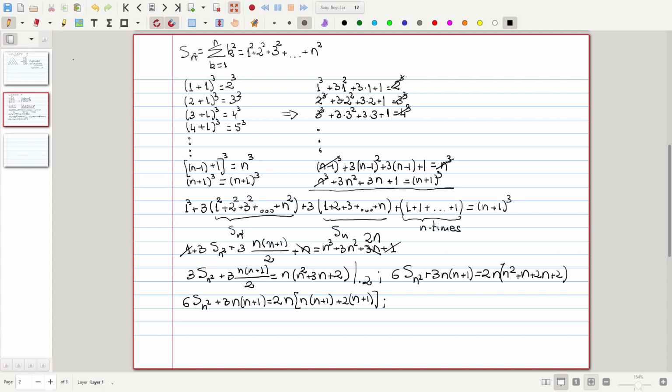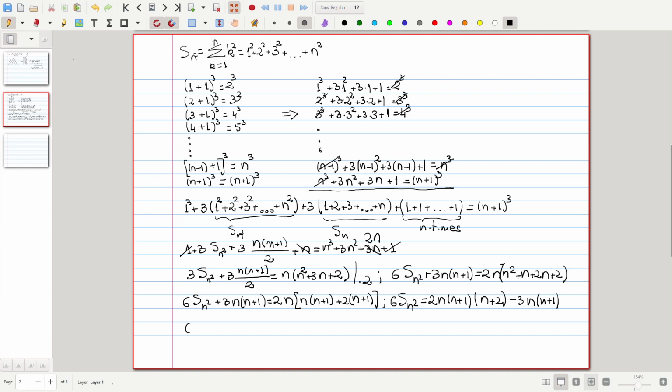And this means that I will have 6 Sn squared equal to 2n multiplied by (n plus 1) multiplied by (n plus 2) minus 3n multiplied by (n plus 1).